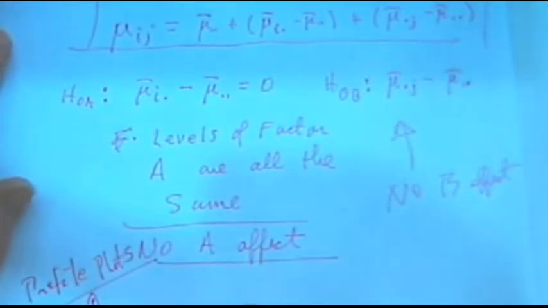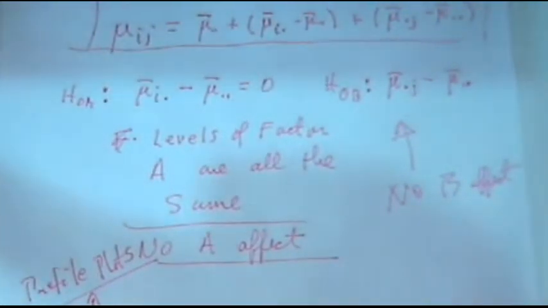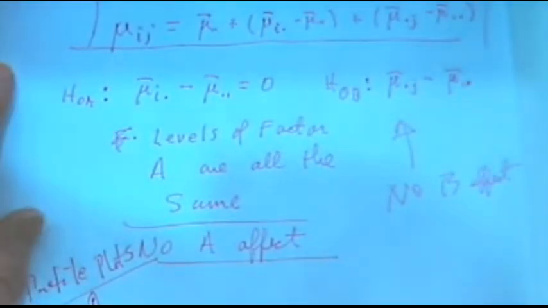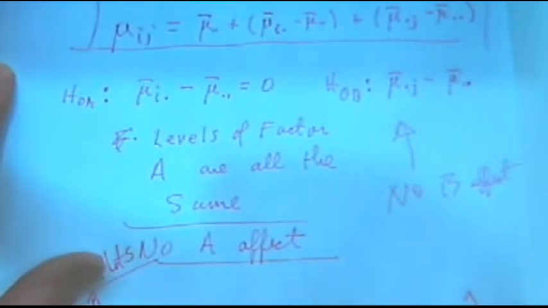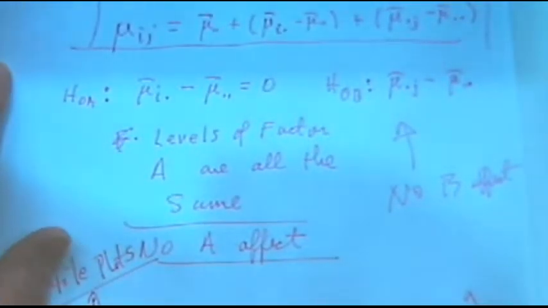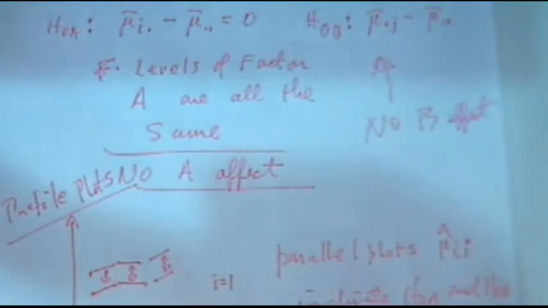And that says it doesn't matter where you are in level B, the difference remains the same. So you do these profile plots, and then if they're parallel, it indicates okay. Well, this is a great model. These are called main effect hypotheses.